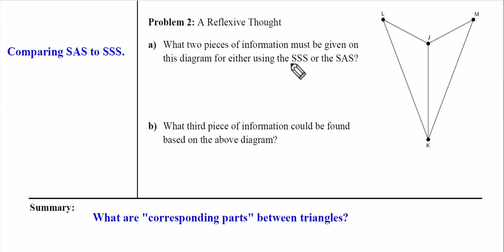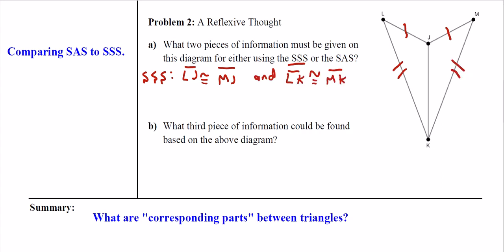So for example, using the SSS, if I must know two things for sure, I know we need three things, but it must be that this side is congruent to this side, and it must be that this side is congruent to this side. And here's why. Because if I have those two things for sure, then I can use the reflexive property to pull off the third one, and then I'll have all three pairs of sides.